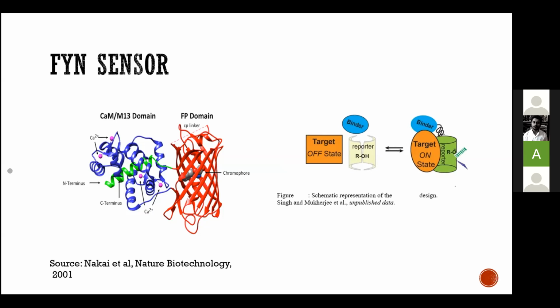Here is this beta barrel structure which has a chromophore inside it, as we saw in the basic diagram in the previous structure. So here calcium is coming in and your calmodulin and M13 domain is catching it, and what happens is the FP domain, the fluorescent protein domain, glows as soon as the calcium influx happens.